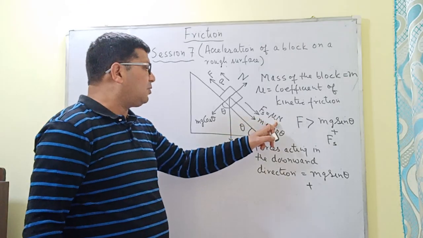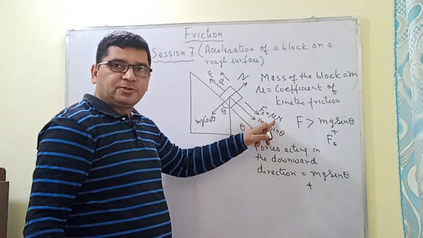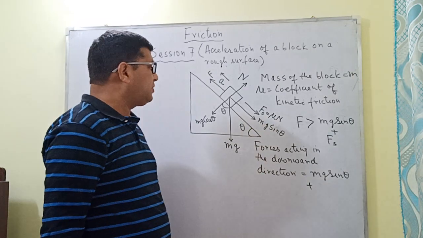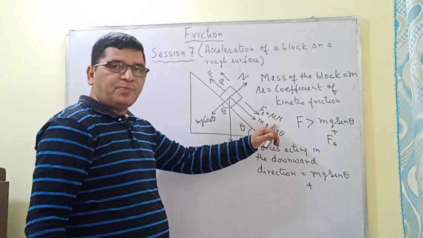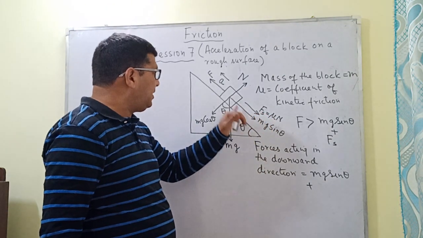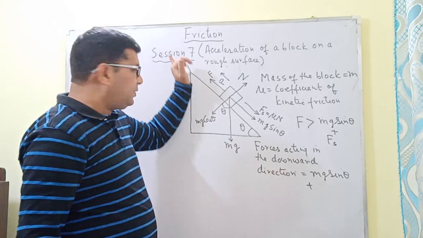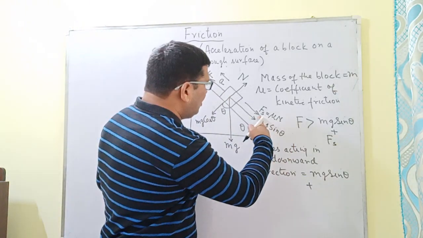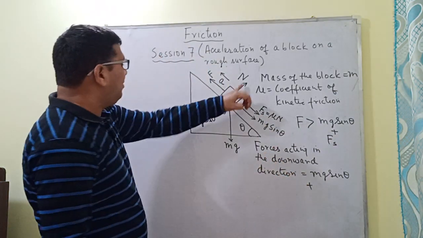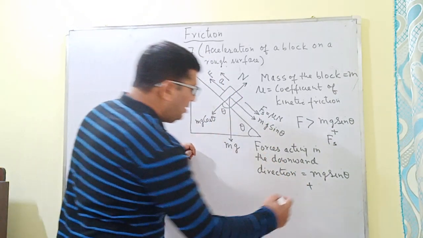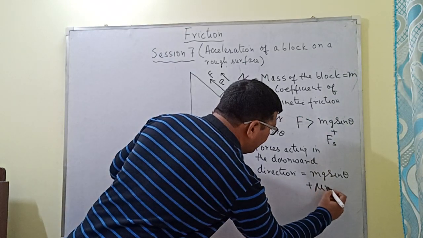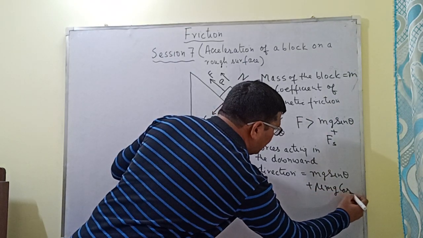This force of friction is equal to mu N. This mu N is also the limiting friction. The limiting friction means this is the maximum value of the frictional force which will be generated due to the motion of this object in the upward direction. So this is equal to mu, and N is equal to what? N will be equal to mg cos theta. So it will be mu mg cos theta.